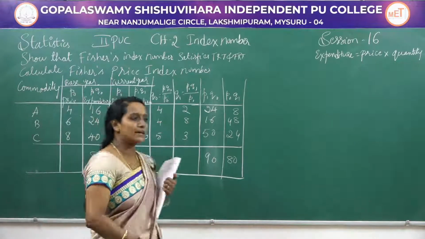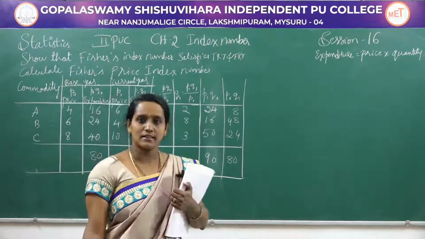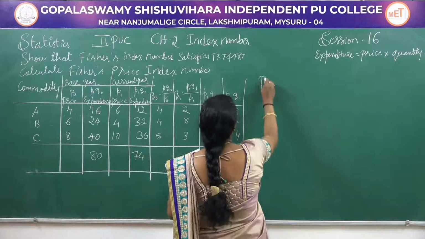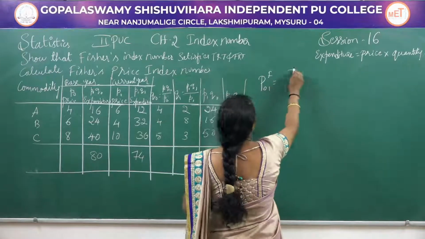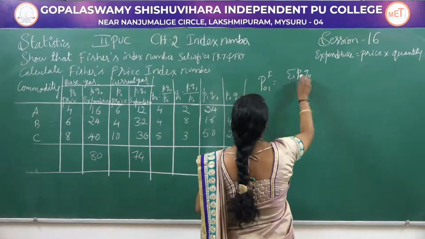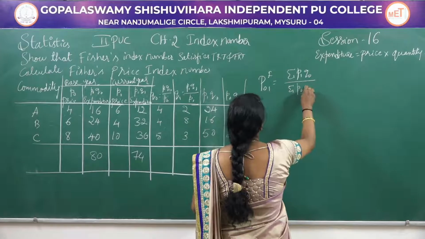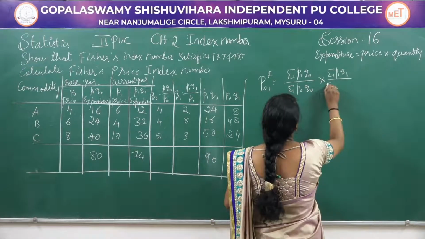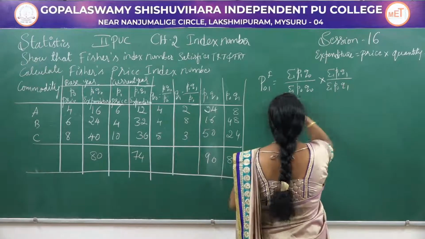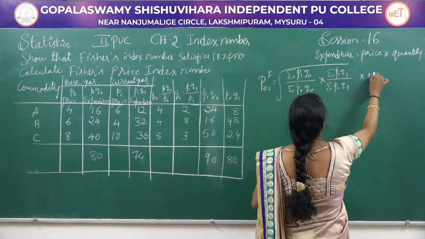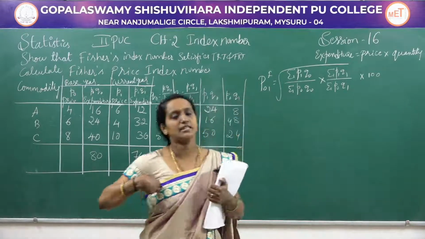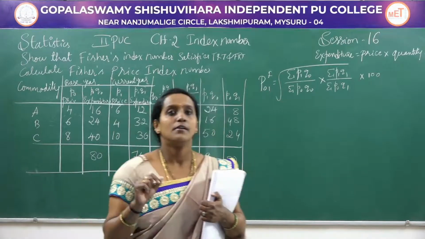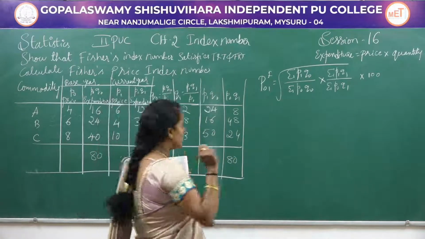So the first thing is we have to calculate Fisher's price index number. The formula to find Fisher's price index number is the square root of summation of P1 Q naught by summation of P naught Q naught into summation of P1 Q1 by summation of P naught Q1, into 100. Each and every time we have to write the formula so that you will remember it while we are solving the problem.